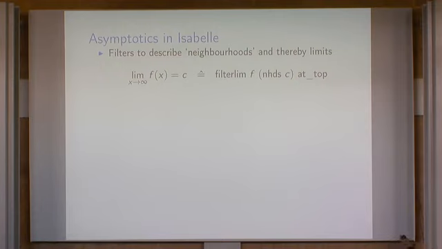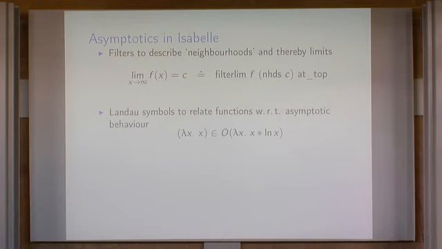And so what I then introduced is also Landau symbols to relate functions with respect to their asymptotic behavior. So just like in normal mathematics, you can write something like x is element of big O of x times ln x.